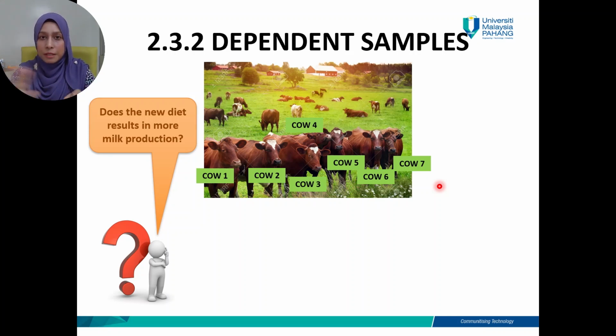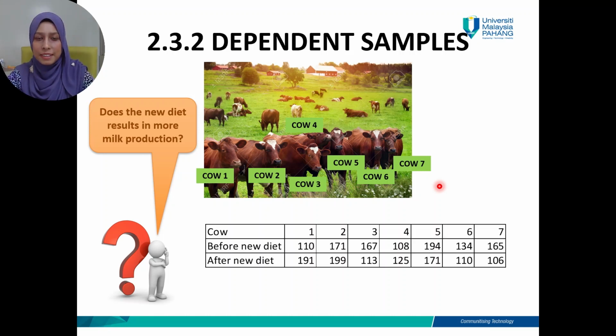They follow the diet plan, and then again Pak Mail collects the data after the diet plan. Okay, you get it? So Pak Mail collects data from these 7 cows twice. Once before the new diet, and second after he starts the diet. So the diet is only done for these 7 cows because they are under this experiment.